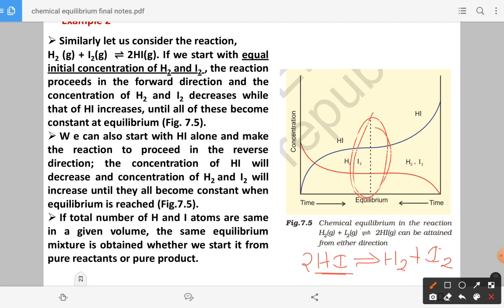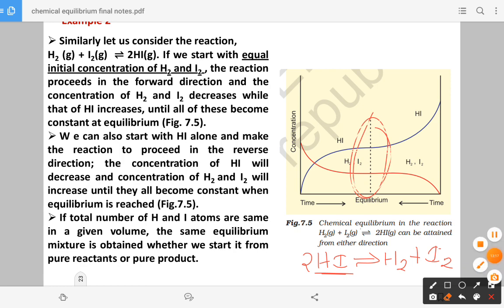Now initially the HI concentration is more, and the H2 and I2 concentration is 0. As time proceeds, the HI concentration decreases and the H2 and I2 concentration increases. After some time, equilibrium is achieved. So like this you can see the equilibrium with concentration and time.